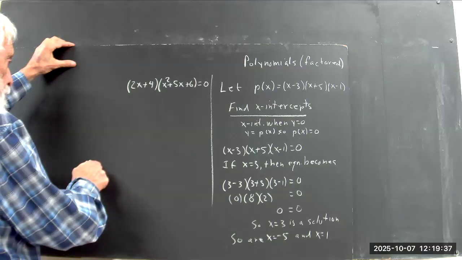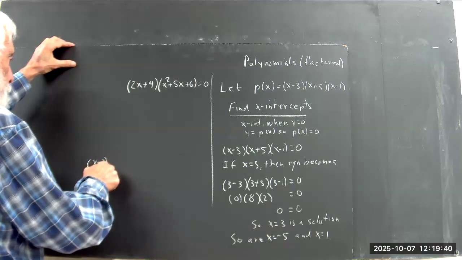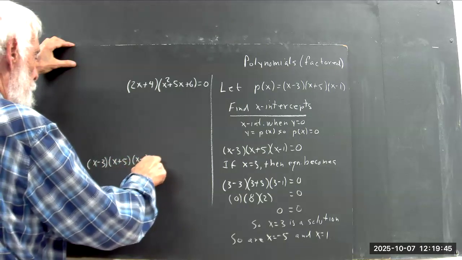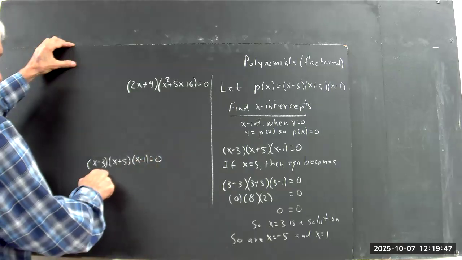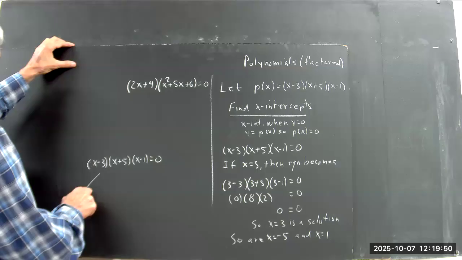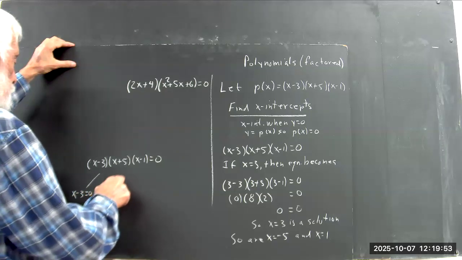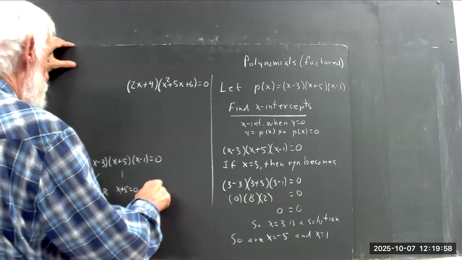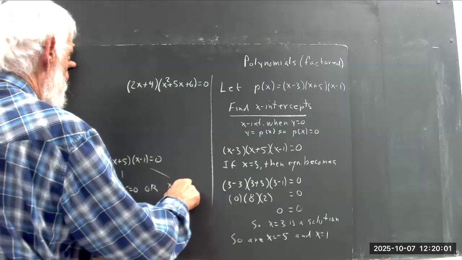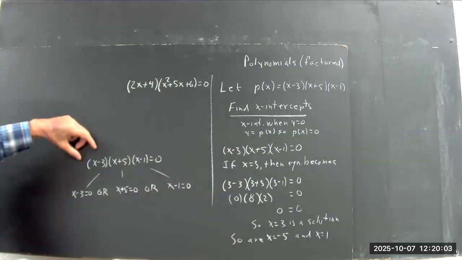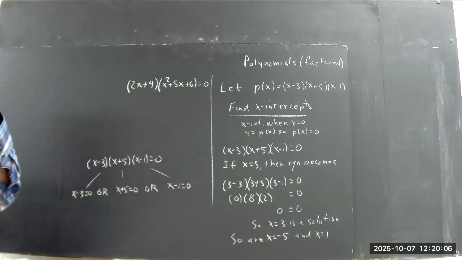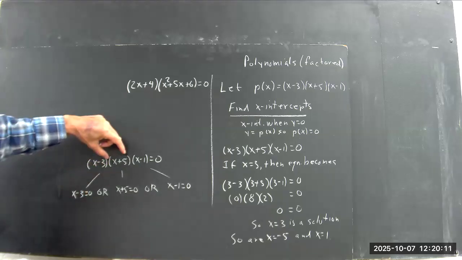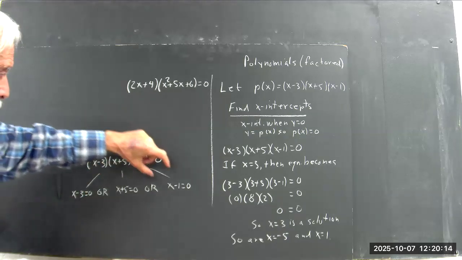If we've got a bunch of things multiplied together equal to 0, formally, we can say x minus 3 equals 0, or x plus 5 equals 0, or x minus 1 equals 0.